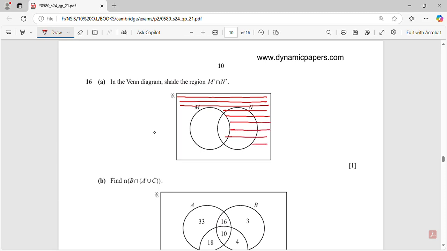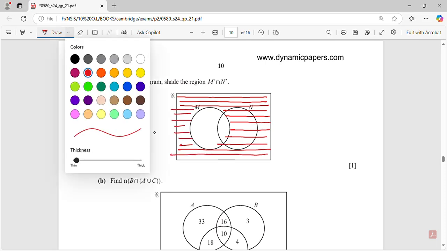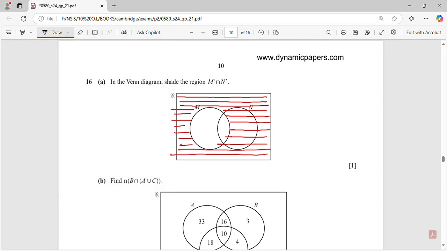This is all M dash. Let's think about N dash. N dash is anything but this line, so it will be N dash, anything but N. This is all lines.